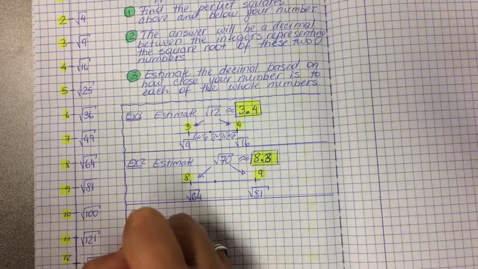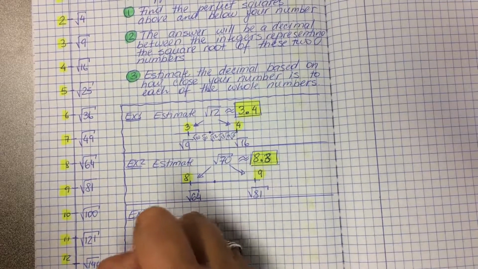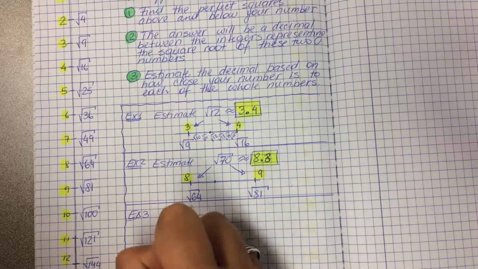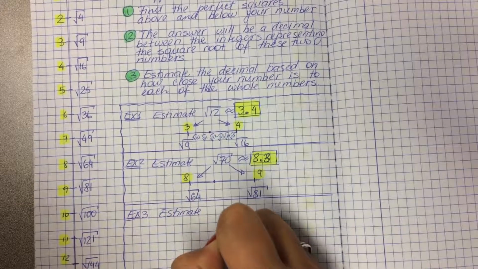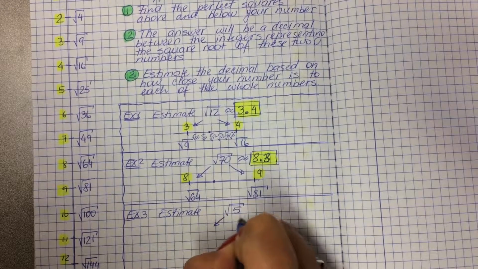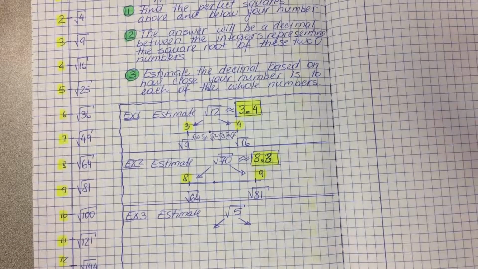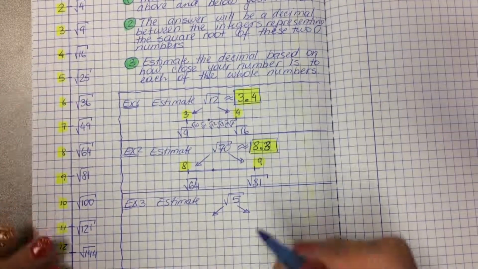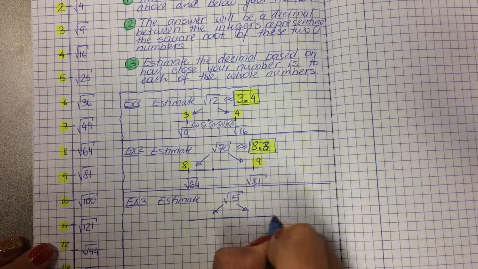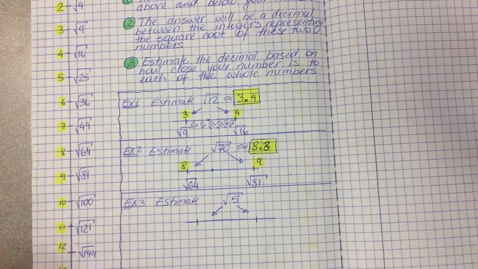So example number 3. Let's see an estimate of square root of 5. You can pause the video and try on your own, or go along with me a little bit. Square root of 5 is between what two perfect squares on the number line?